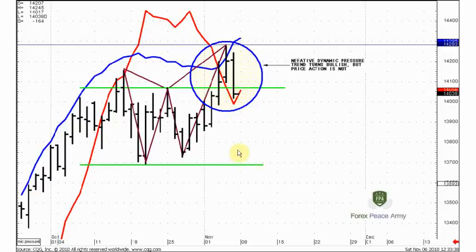So if the market breaks out of this range, it will move to the downside. It's also about 133. This area coincides with the second level of support on our weekly time frame.